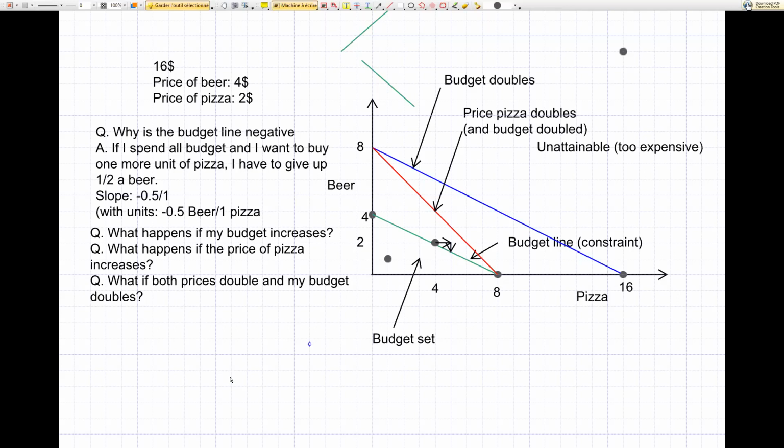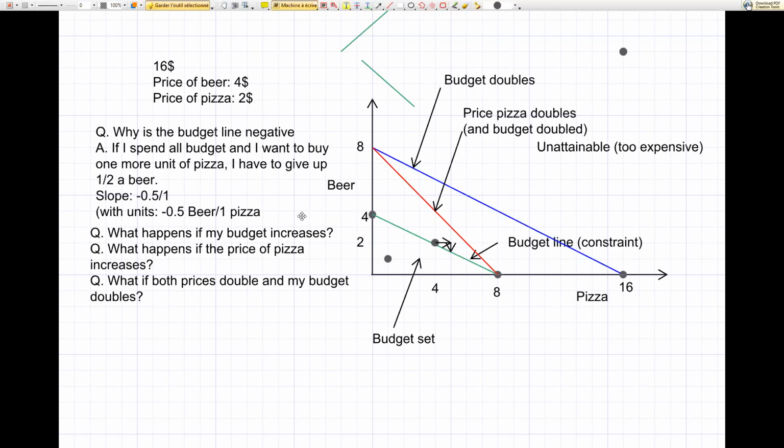Would it be fair to say that the budget line or the budget slope changes depending on the price of products on the X and Y axis in certain problems? Yes, but relative prices. How much do I have to sacrifice in terms of beer to get one more pizza? So what matters for that is the relative price of beer and pizza. If beer becomes more expensive relative to pizza, then yes, it's going to change. Okay, thank you.